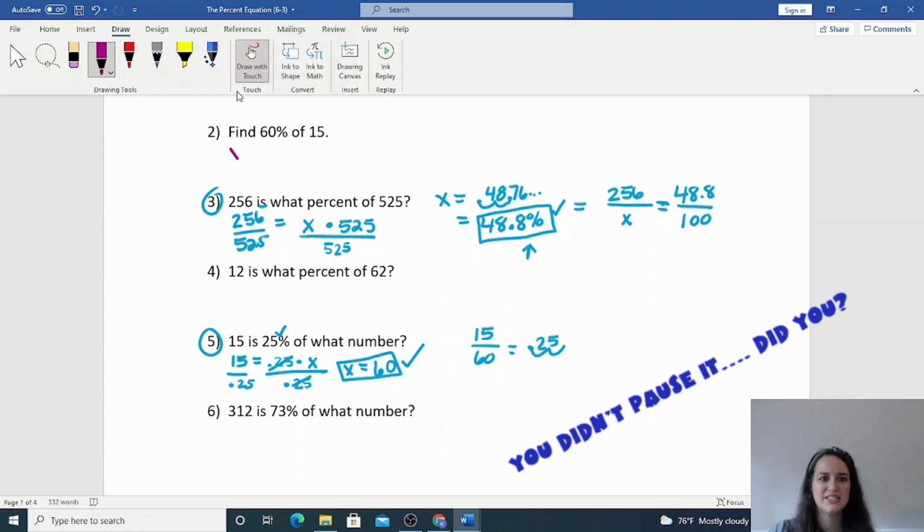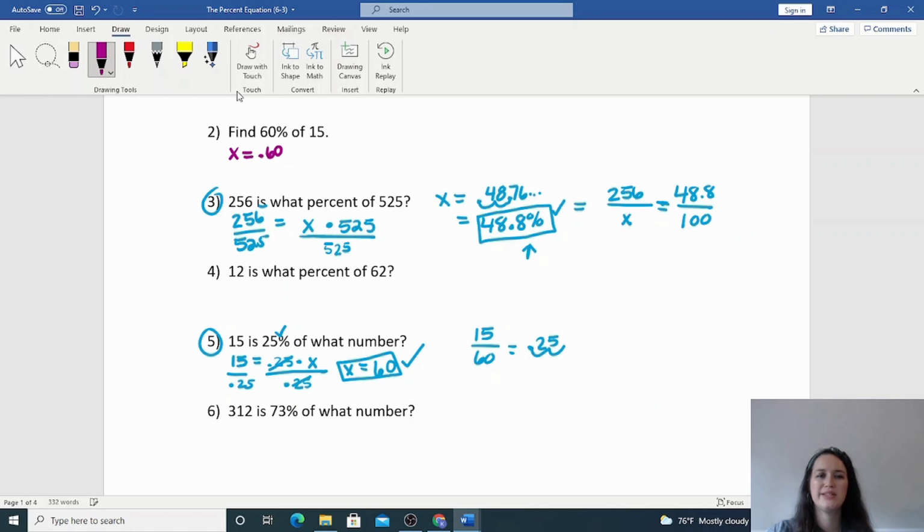All right, find 60%, so x equals 0.60. Now, because it's 0.60, you don't have to put the 0, just 0.6. That's still 60%. That's the same thing. There's my times, so 0.6 times 15 equals 9. So x equals 9 here.